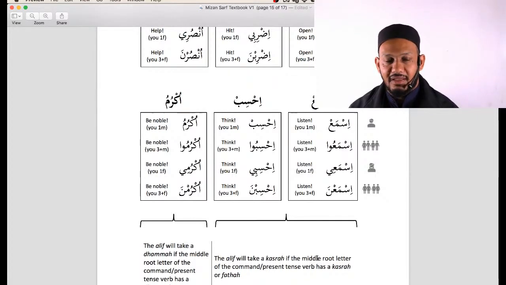When the ain letter has a kasrah or a fatha, then it will have an I. And if the ain letter has a dhamma, like yansuru or yakrumu, then it will have a dhamma at the beginning. Is that understood? Are you all good?